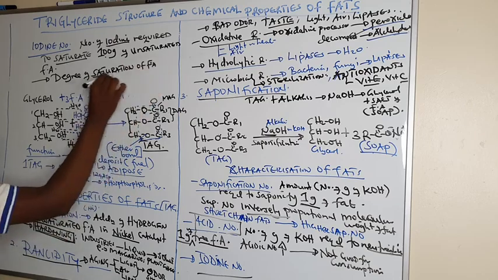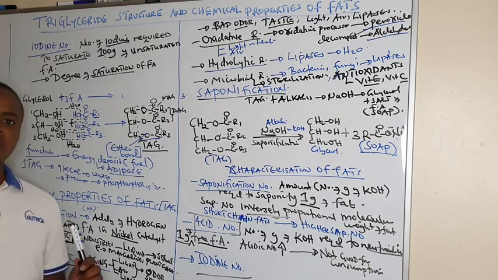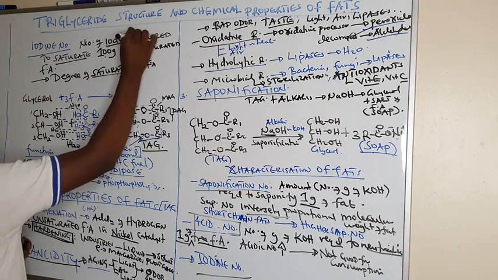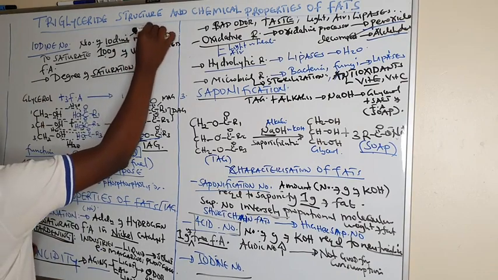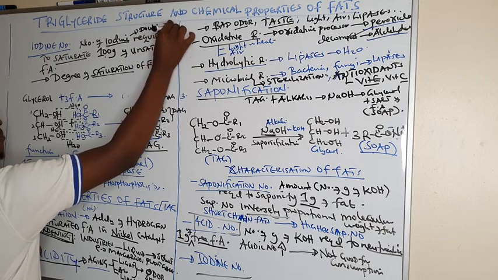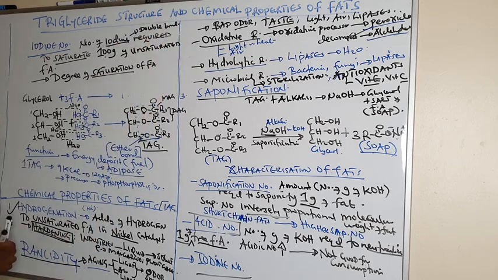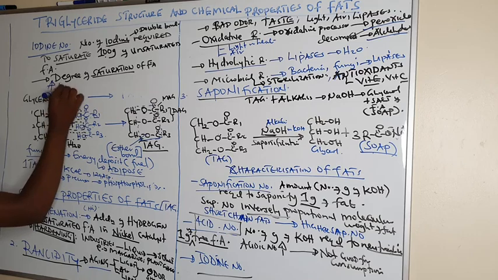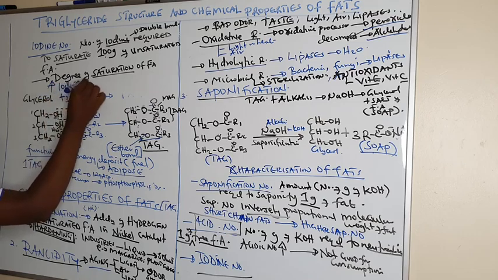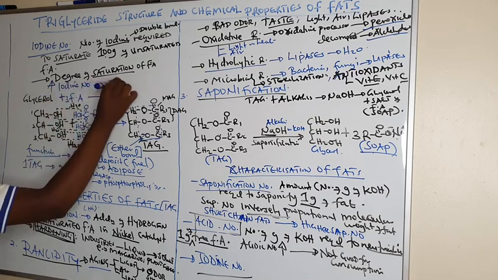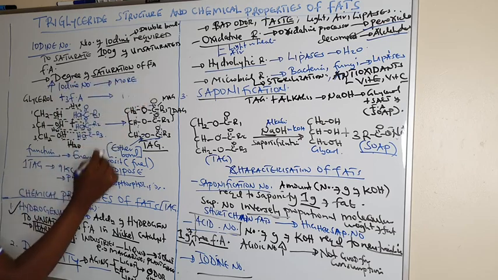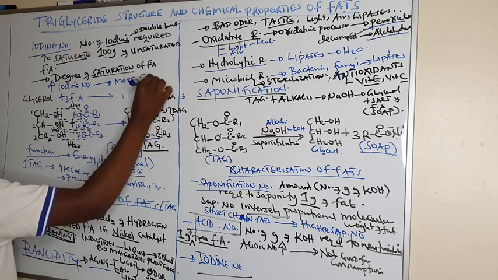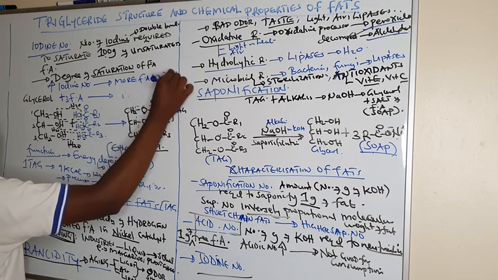Because we know that iodine prefers to attach on the double bonds of fatty acids, the higher the iodine number, the more the double bonds, or the more the fatty acid is unsaturated.